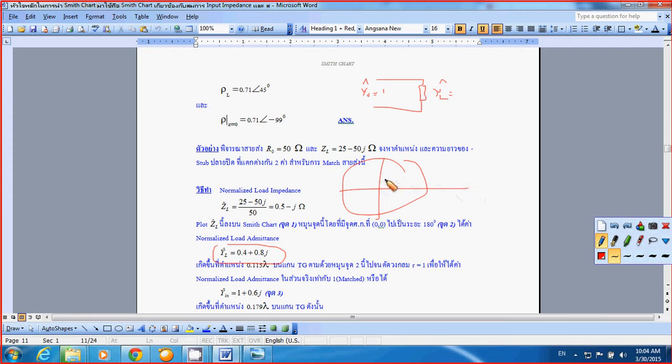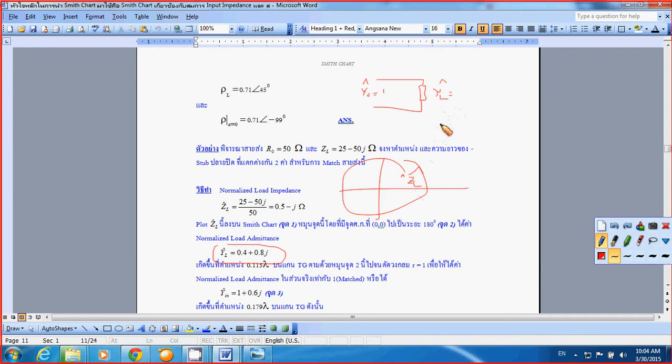This is the Smith chart. If you plot your ZL normalized on the Smith chart, you want to convert your ZL normalized to your YL normalized.